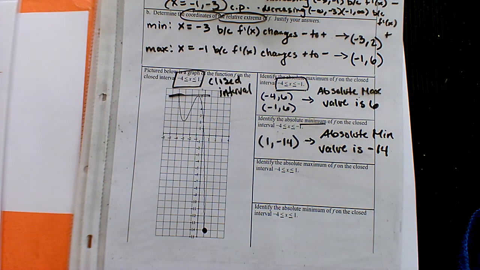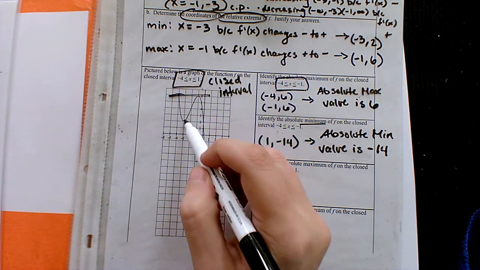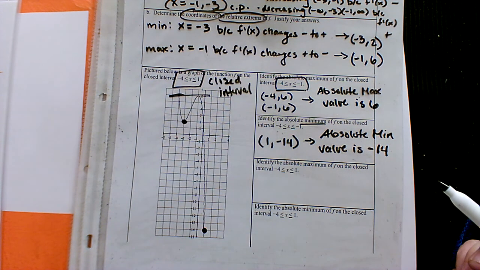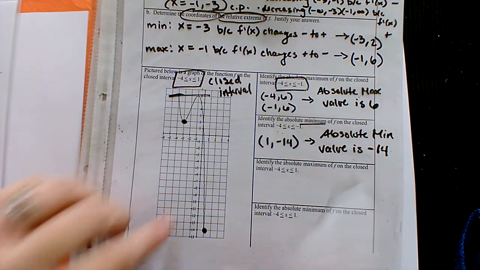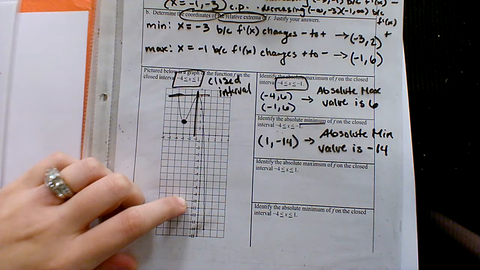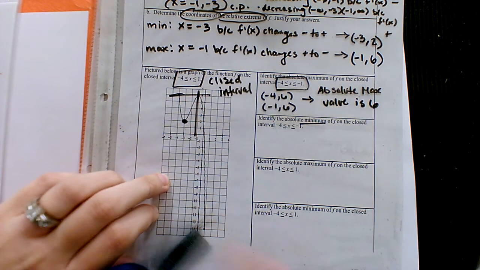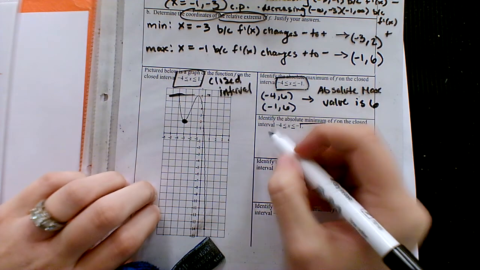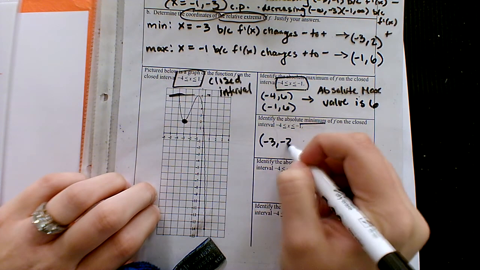No, it's the -1. It's -3, 2. The interval is from -4, -1. Facts. So then it'd be. Oh, I thought it said +1. Look at you guys. Yep, right there. All right, so that would be -3, -2.